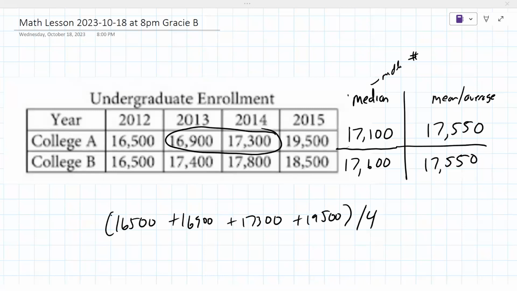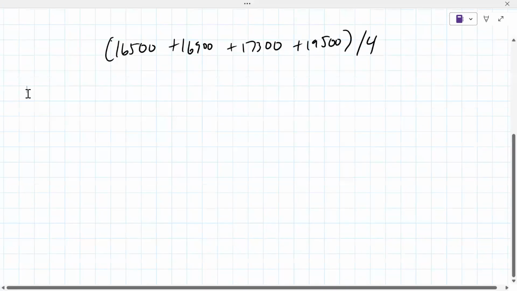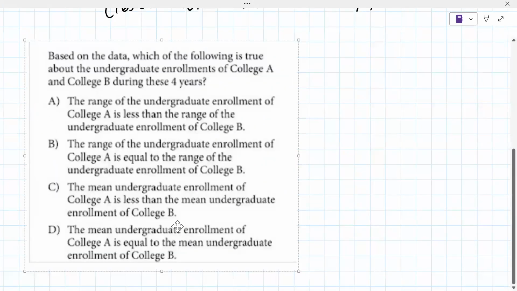Let me put the question now in front of you. See if you can come up with the answer.